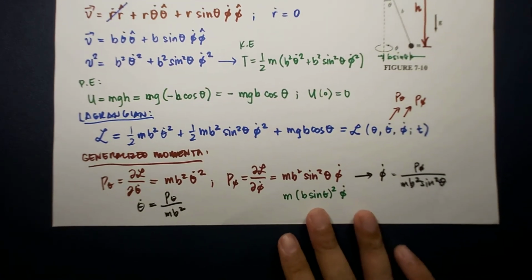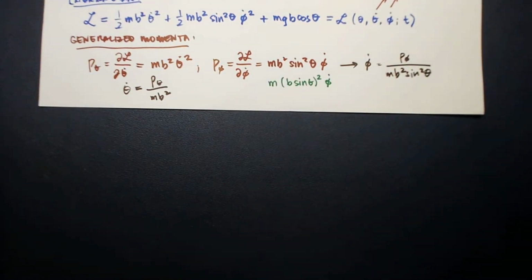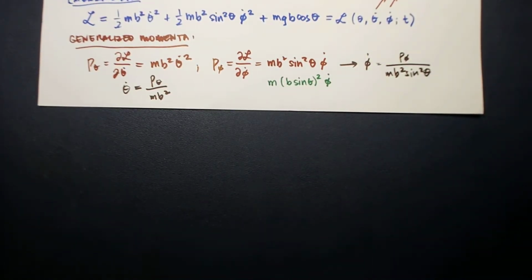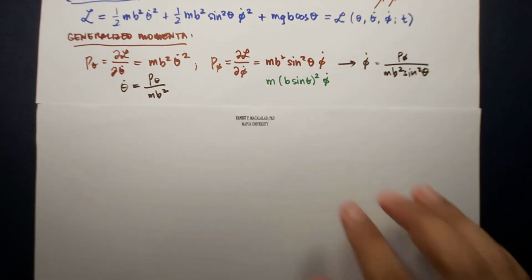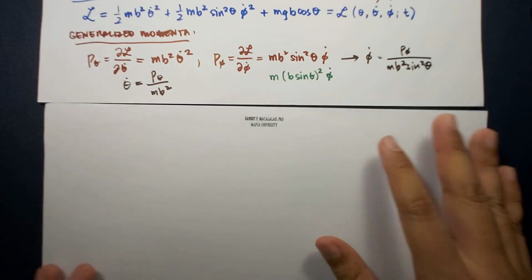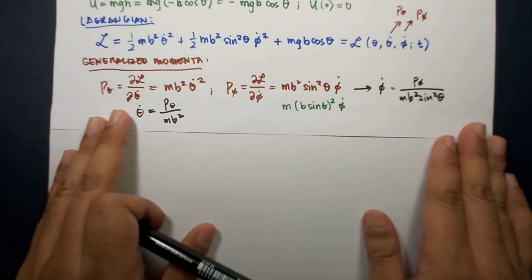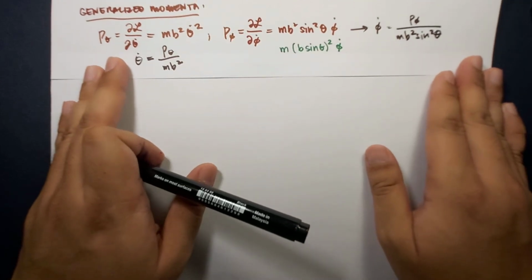Okay, and we're going to use that to calculate our Hamiltonian. Now, let's compute the Hamiltonian of the system.